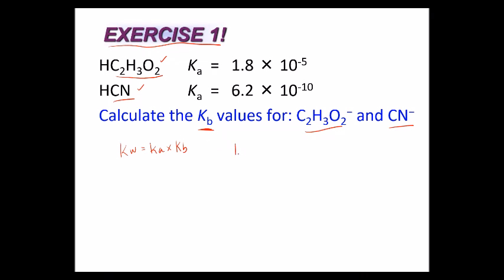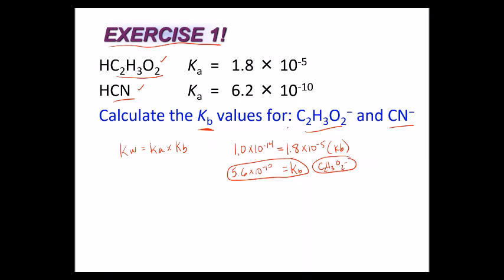And that means it's going to be 1 times 10 to the minus 14 equals the Ka in this case for the acetic acid, times the Kb, and you can easily isolate the Kb. Kb is going to be equal to 1 times 10 to the minus 14 divided by the 1.8 times 10 to the minus 5. And this ends up giving us a 5.6 times 10 to the minus 10 Kb. This would be the one for the acetate, C2H3O2.